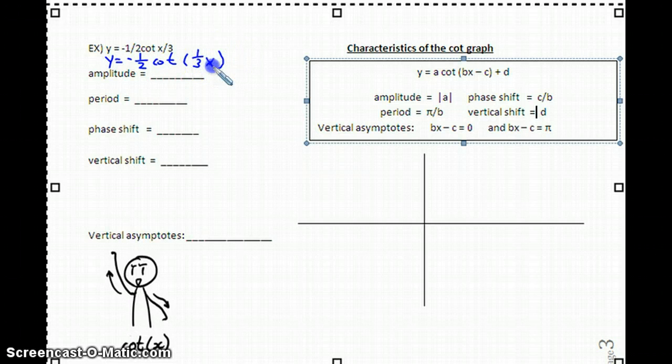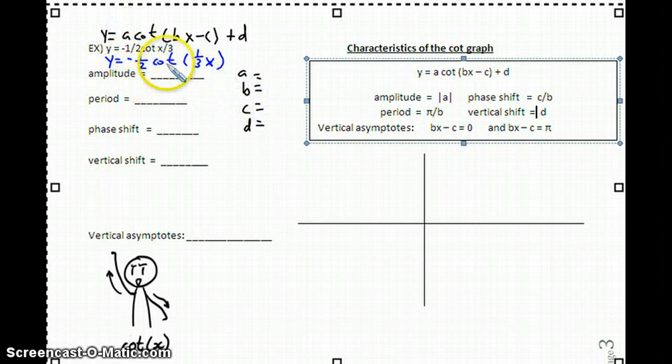I think that's going to help me identify my a, b, c, and d values a lot easier. So I'm going to take the time to write out above here y equals a cotangent of bx minus c plus d, so I can figure out what the a, b, c, and d values are.